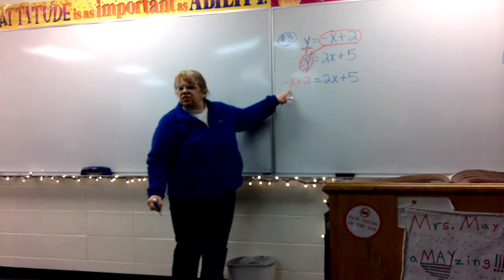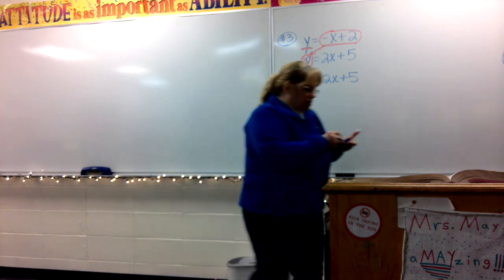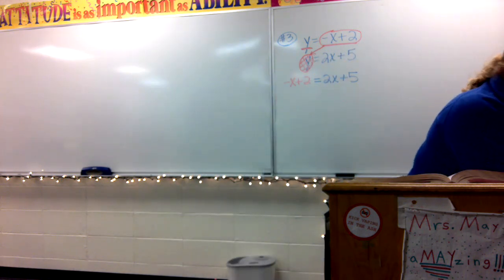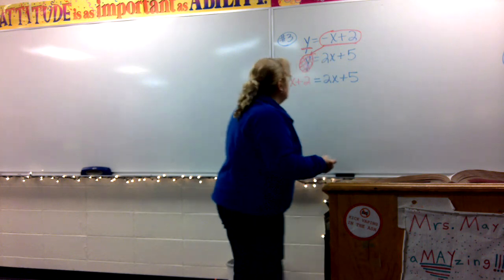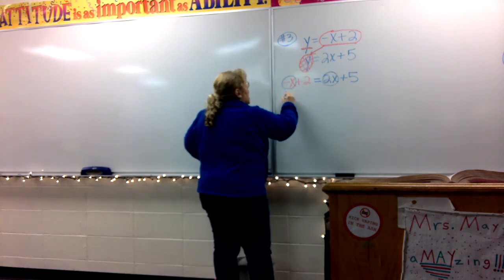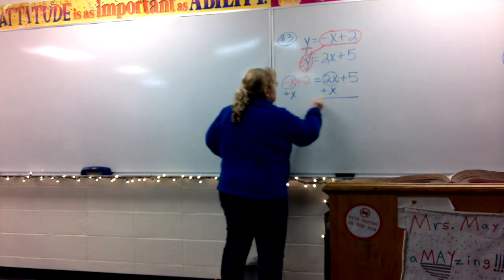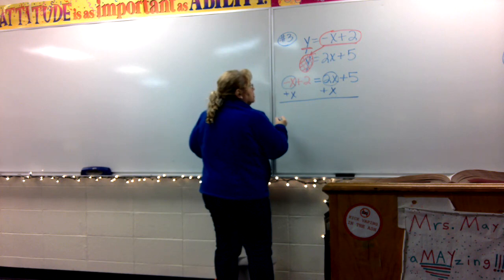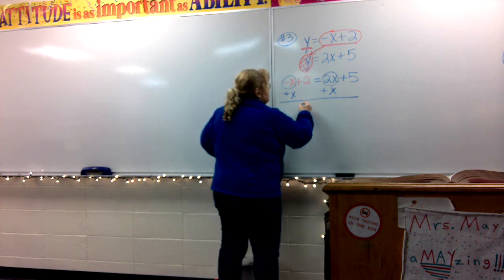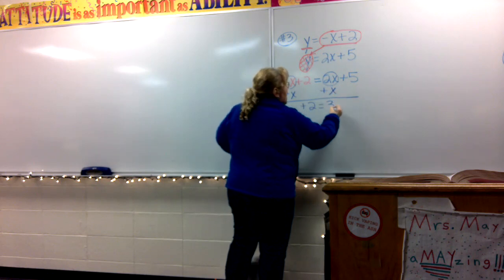How many variables do you have in this equation? You just have the x. Shouldn't we be able to solve it then? You got to get all the x's together. I would add x. Is that what you would do? Positive 2 equals 3x.